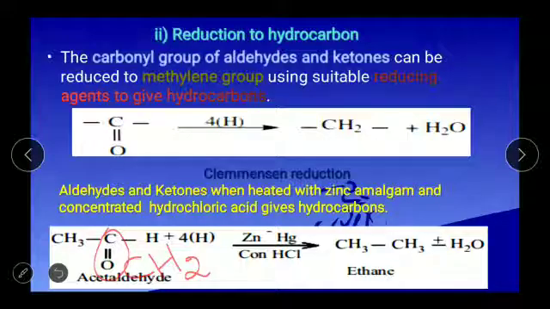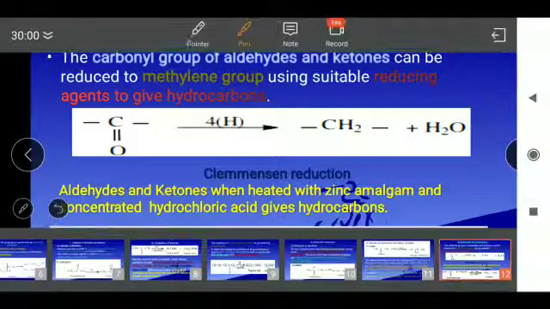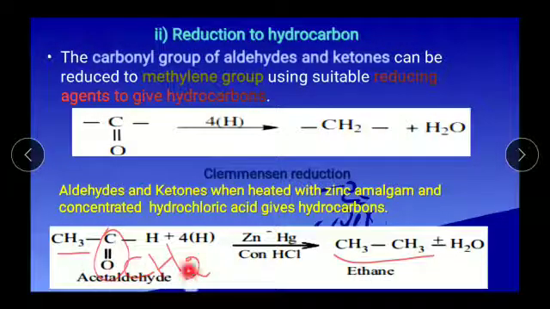CH3, CH2 plus H becomes CH3CH3. Ethane is a saturated hydrocarbon. So aldehyde is reduced to hydrocarbon. We understood the reduction of aldehyde to hydrocarbon with a suitable example.